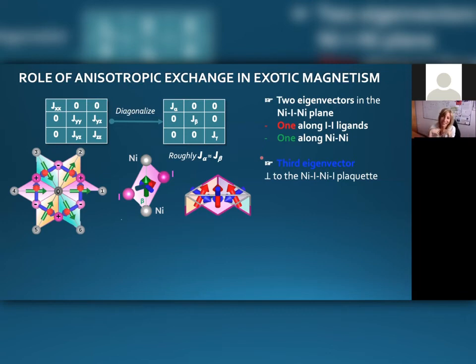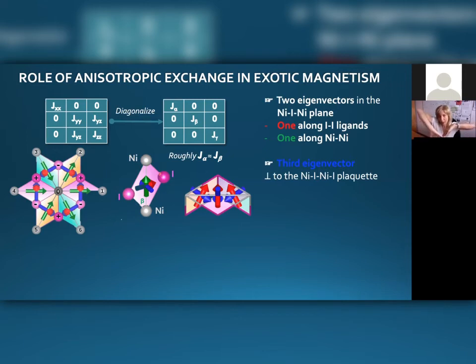Of course the geometry of the system is a bit complex, but you should imagine that you have non-coplanar plaquettes. I call a plaquette an arrangement of 4 ions: nickel, iodine, nickel, iodine.